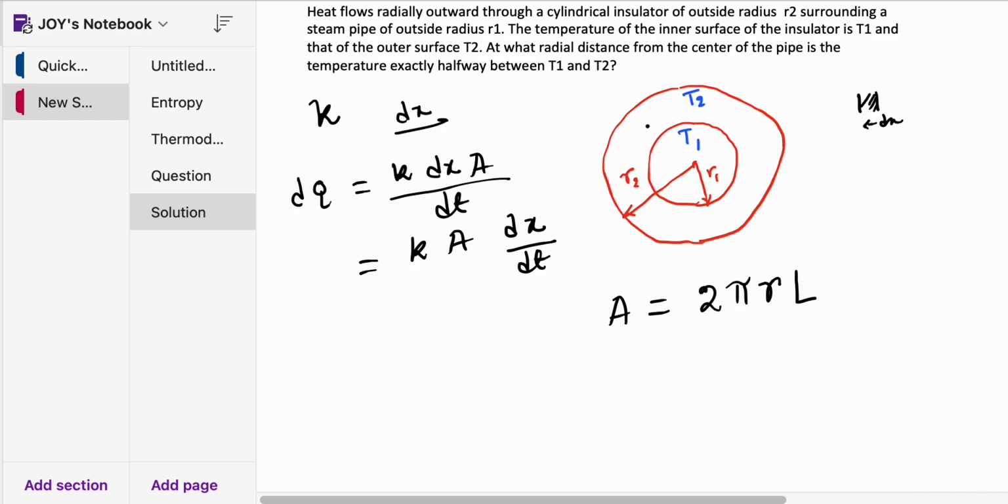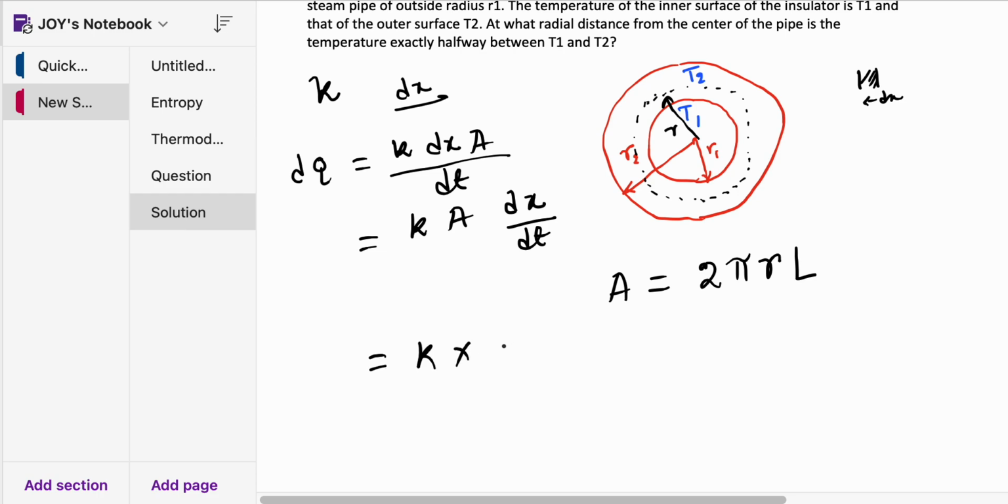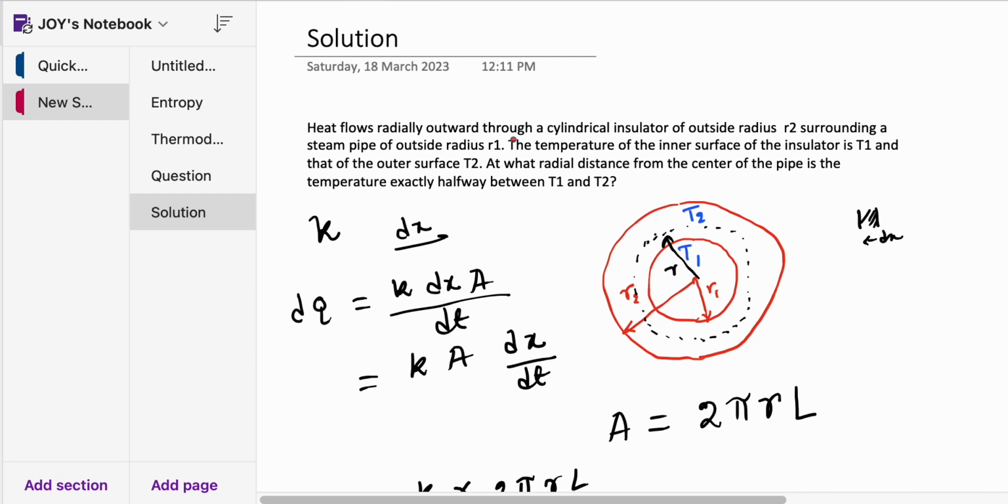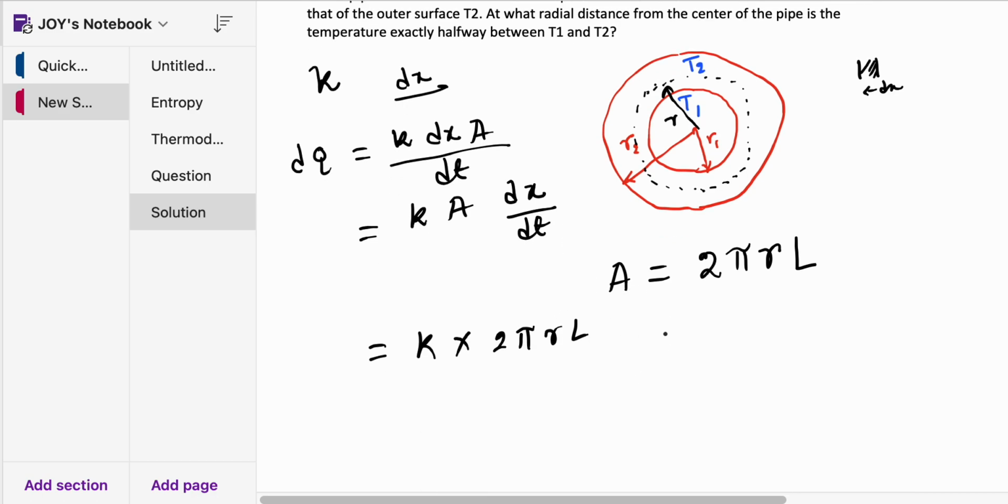Suppose I construct a surface whose radius is r and its length is L, so the area is 2 pi r L. In the question, heat flows radially outward, which means dx is dr. So K into 2 pi r L into dr by dt. Maybe I'm doing something wrong, let me check it.